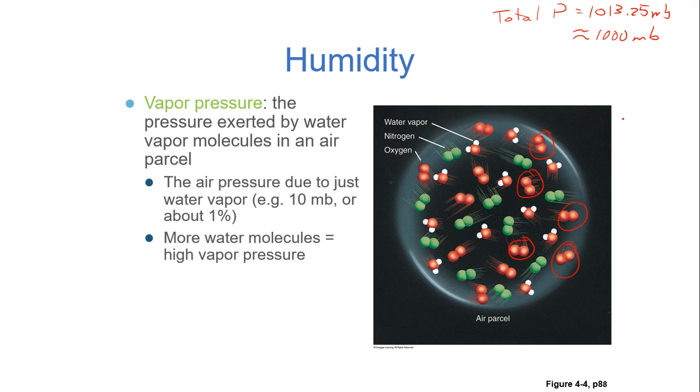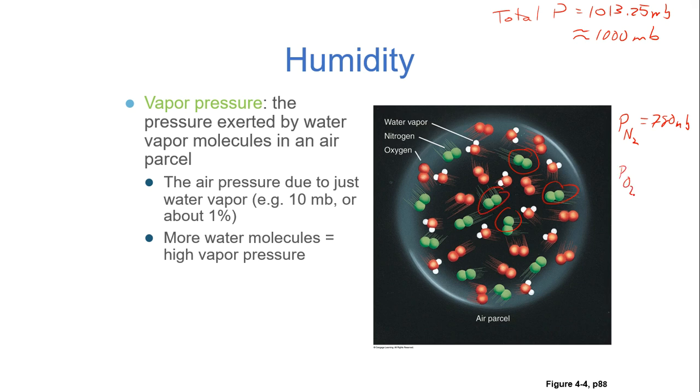So the pressure due to nitrogen, since nitrogen makes up about 78% of the atmosphere, would be about 780 millibars. Now, oxygen, remember that's about 20%.